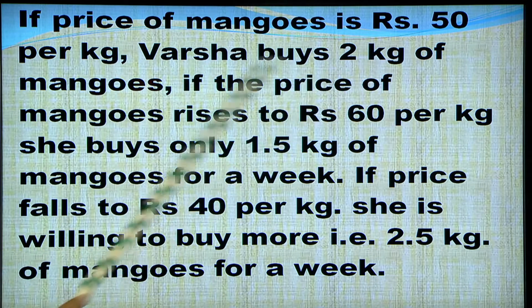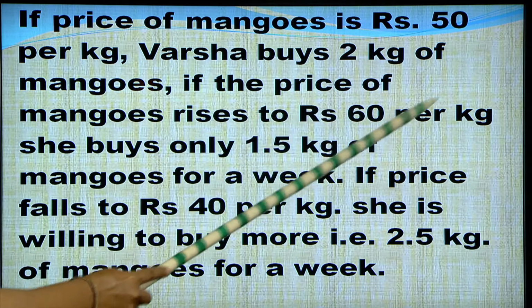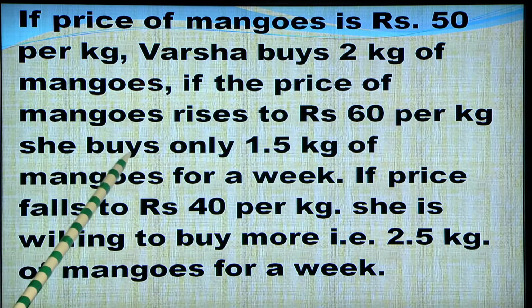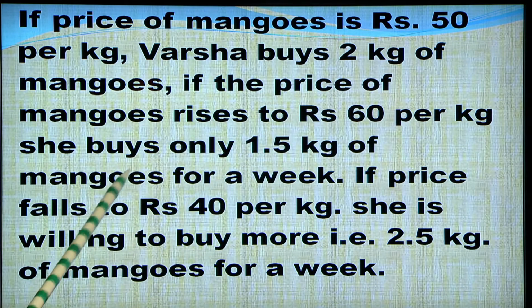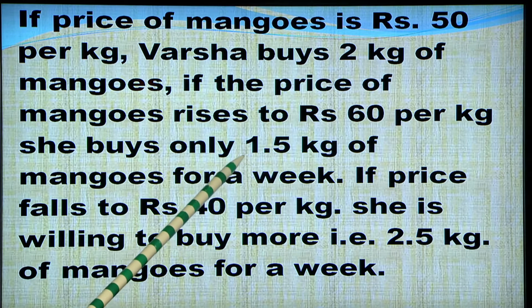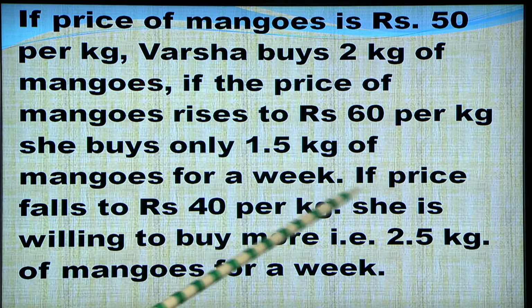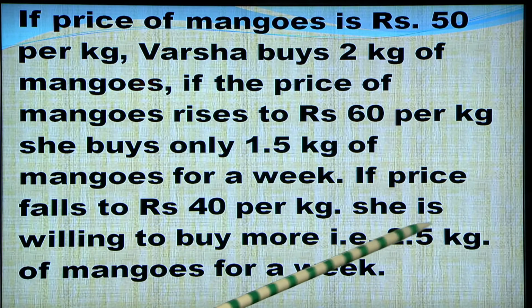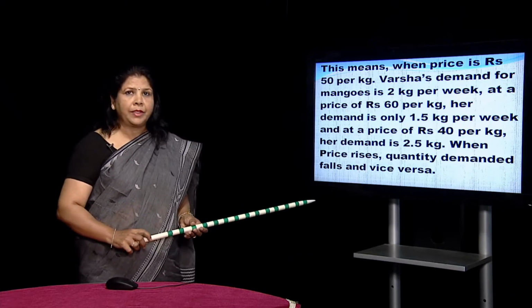If the price of mangoes rises to rupees 60 per kg, Varsha buys only 1.5 kg of mangoes for a week. If the price falls to rupees 40 per kg, she is willing to buy more, that is 2.5 kg of mangoes for a week. Can we interpret this in terms of demand?